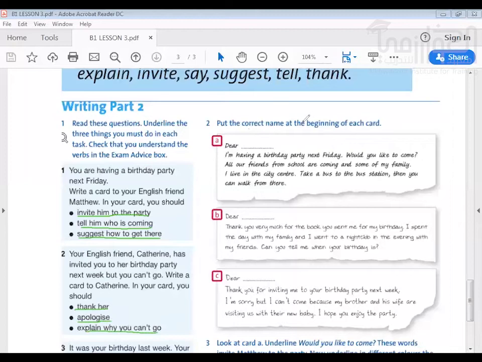Put the correct name at the beginning of each card. So, dear, this letter is for who? Read these tasks 1, 2, 3, and then you write the names here. The names that the letter is written to. Who is to receive these letters? So we have to do that.